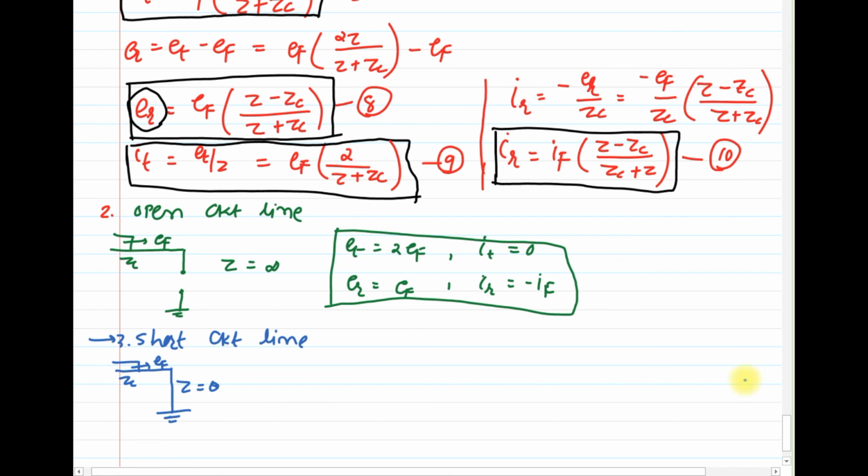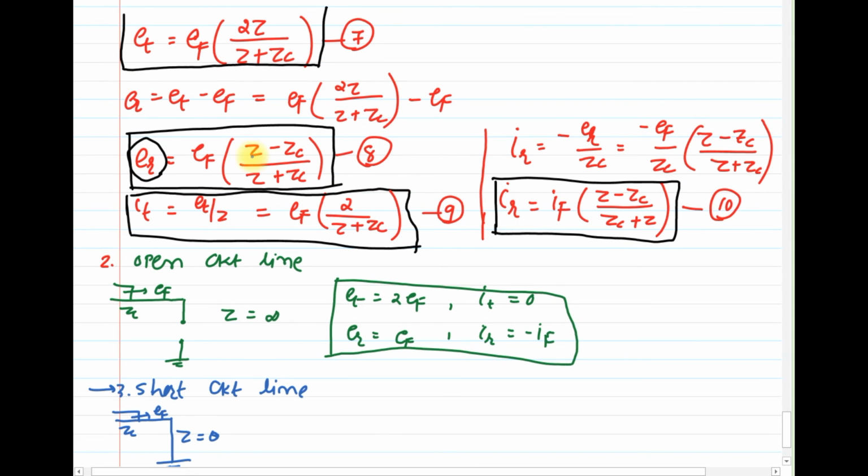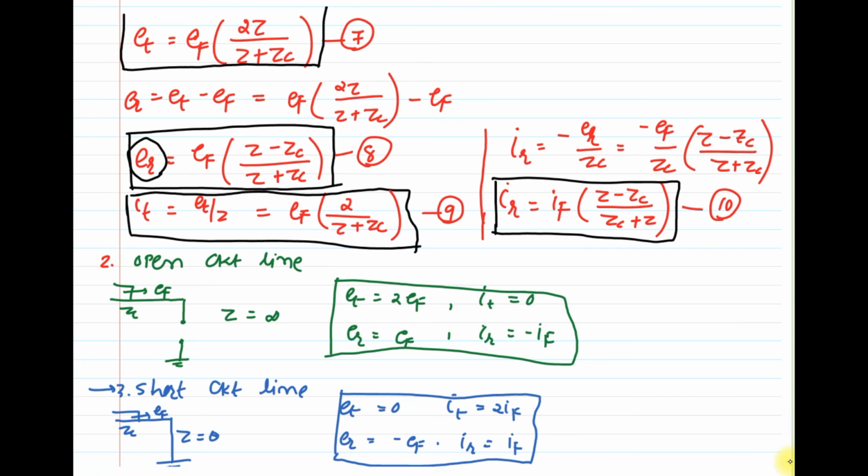So substitute Z equal to 0 in all these four equations 7, 8, 9 and 10. We will get ET equal to 0, IT equal to 2IF, and ER equal to minus EF, IR equal to IF.